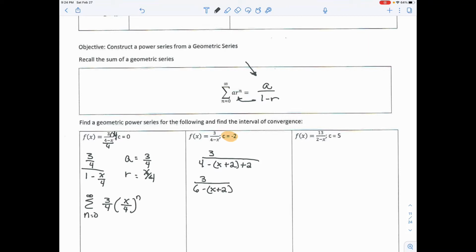Now remember, our goal is to get it in the form of a over 1 minus r. That's our goal. So I would have to get rid of the 6. Again, I'm going to divide everything by 6, and I get 3 over 6, and then 6 over 6 is 1 minus x plus 2 all over 6.